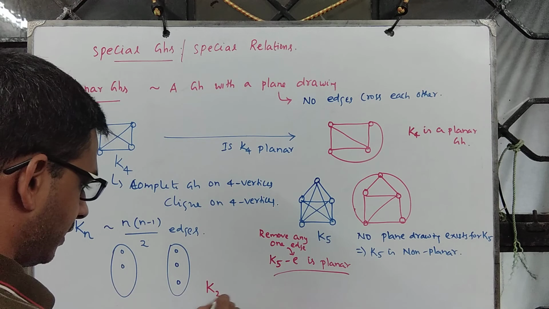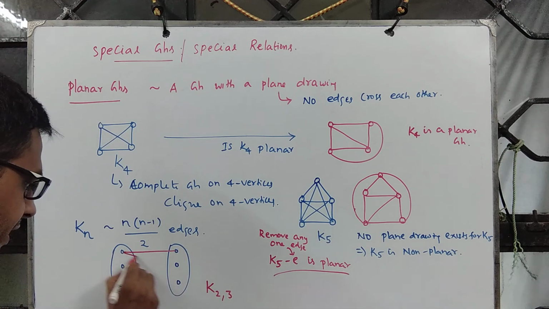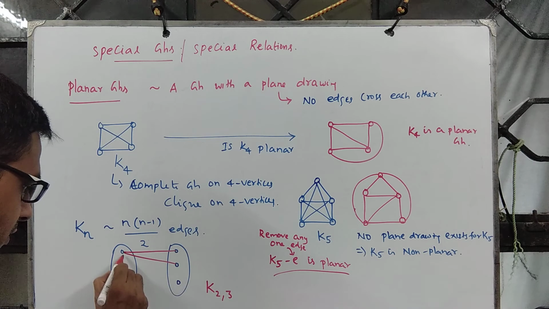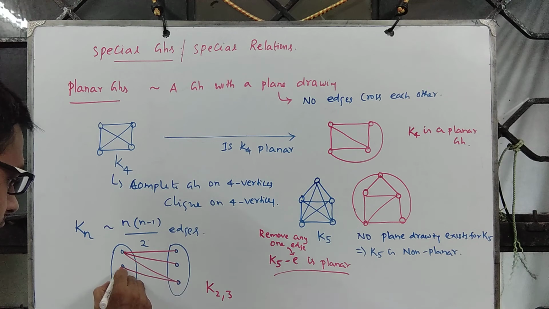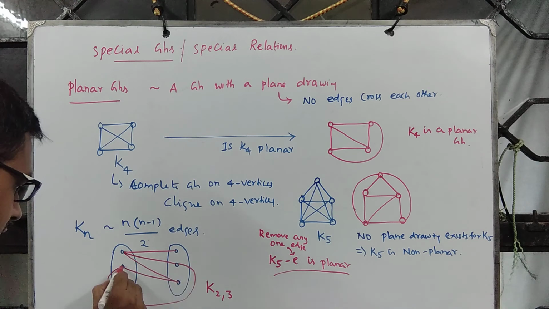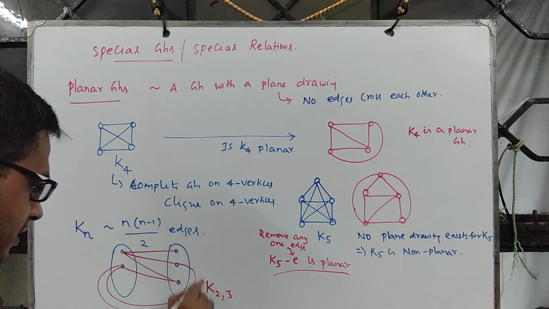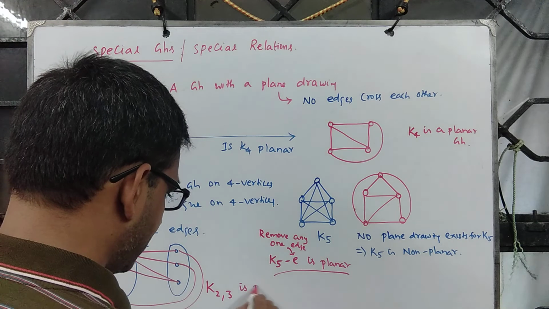We denote this one as K2,3 because it is a complete bipartite graph. Okay, so let me draw like this. These two, we can draw one edge like this and another edge like this. So K2,3 is planar.